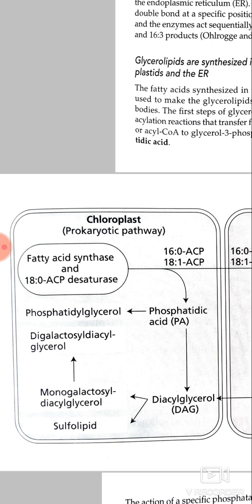It forms phosphatidic acid, which converts into diacylglycerol, DAG, and it also comes from the ER, and then it converts into monogalactosyl diacylglycerol and sulfolipids. These monogalactosyl diacylglycerol is now converted into diacylglycerol also.